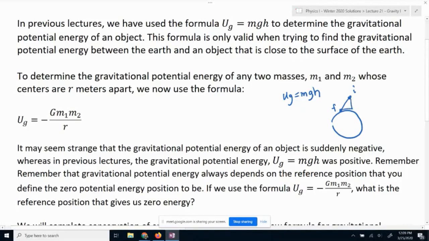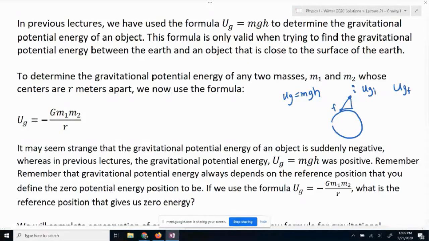When the boy is at a higher height, initially, is his UG going to be bigger or smaller than when he's at the ground? Is UG initial bigger than UG final or is it smaller than UG final?